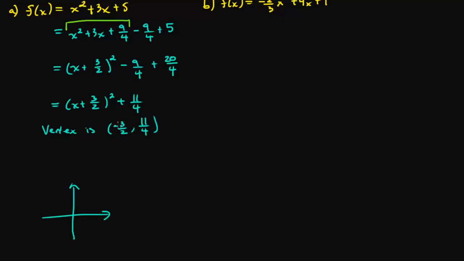The vertex is at negative 3 over 2 comma 11 over 4. Let's just say it's here. And it opens upward. So that means that we have a minimum. So the vertex is a minimum.